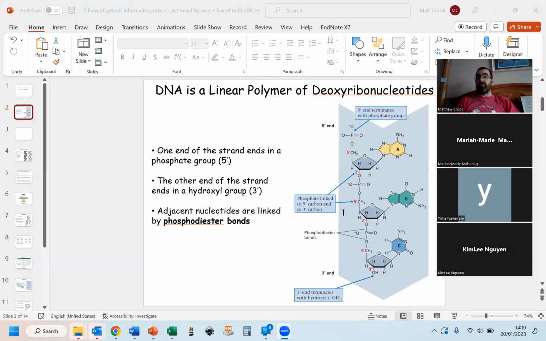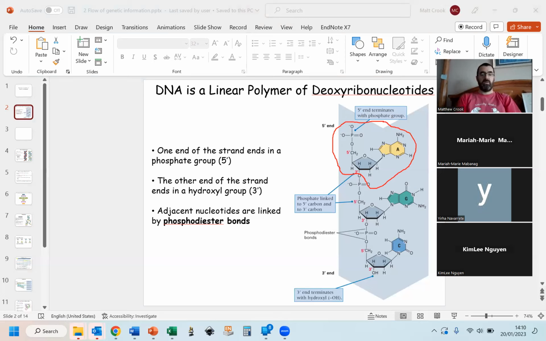But anyway, to begin with the basics, right? So this here, hopefully you can all see this, is the building block of DNA. This is a nucleotide, because it consists of 3 parts.